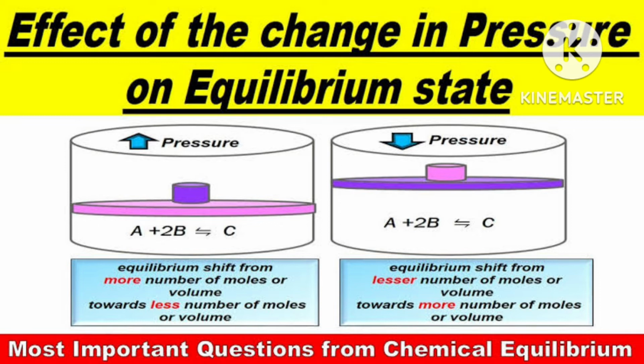Volume will decrease, then decrease means reverse way. Means it will form more carbon dioxide. Understood? Here carbon is solid, that's why you can't count its number of moles. Then when you apply the pressure on this reaction, the reaction will shift toward the backward, in a reverse way. This I told about the effect of temperature.